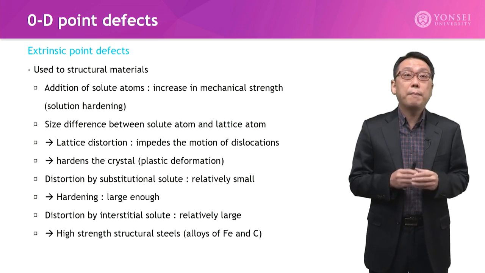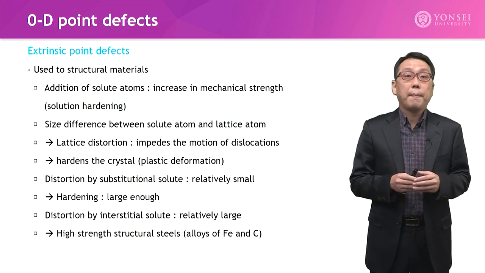This extrinsic point defect can also be used in structural materials. By addition of solute atoms, we can increase the mechanical strength of material due to solution hardening. The size difference between solute atom and lattice atom induces lattice distortion, and it impedes the motion of dislocations, and finally hardens the crystal against plastic deformation.